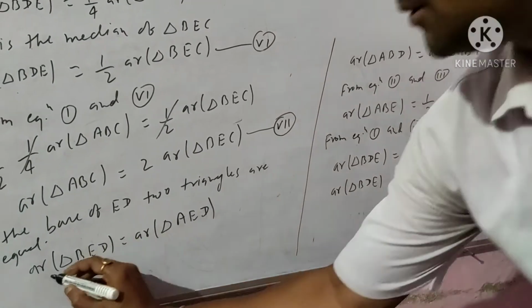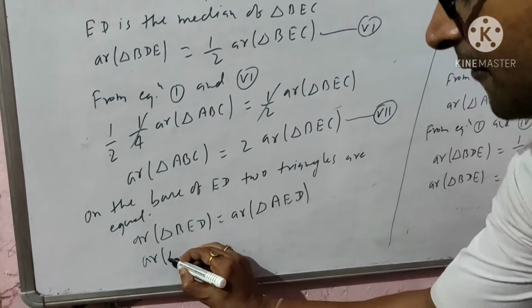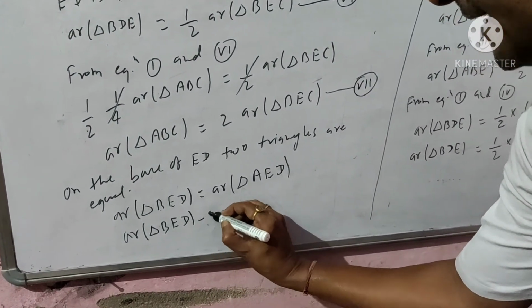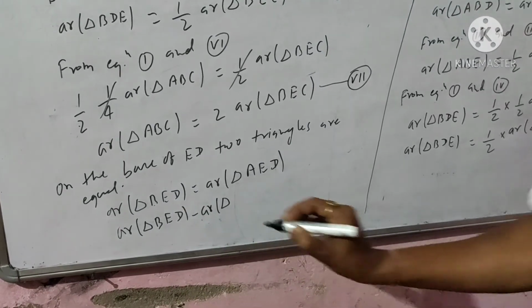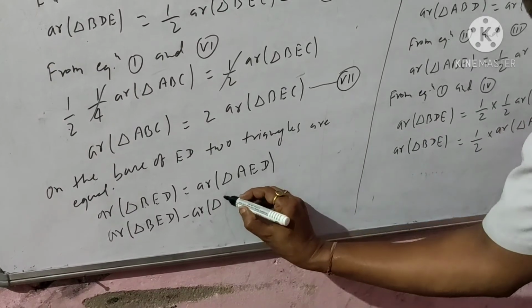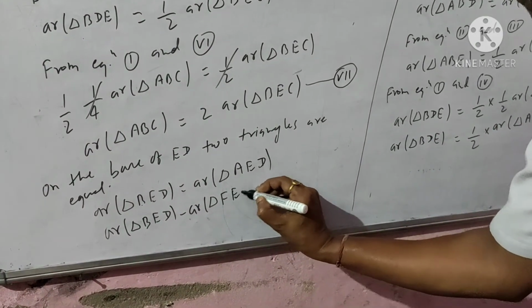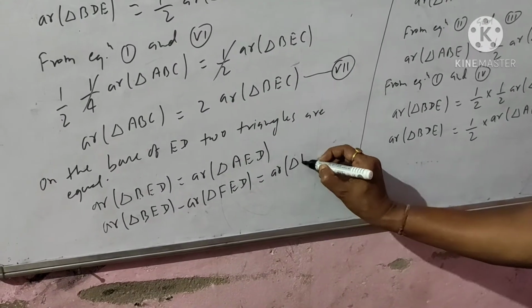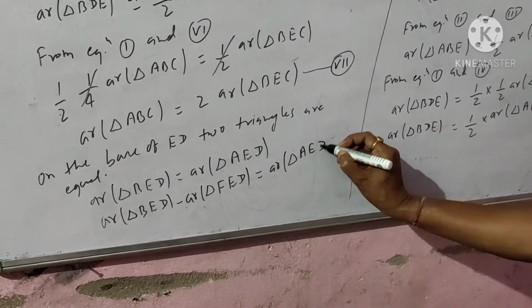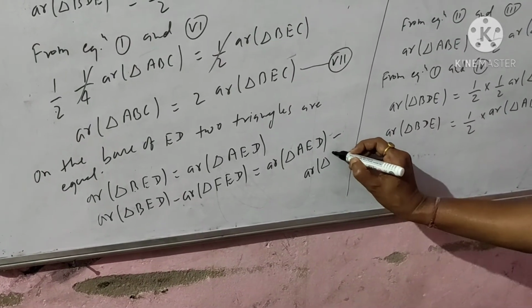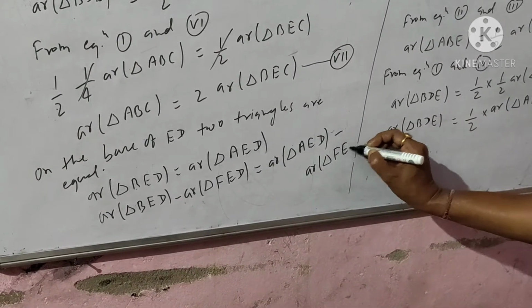So we can subtract area of triangle BED minus area of triangle FED is equal to area of triangle AED minus area of triangle FED.